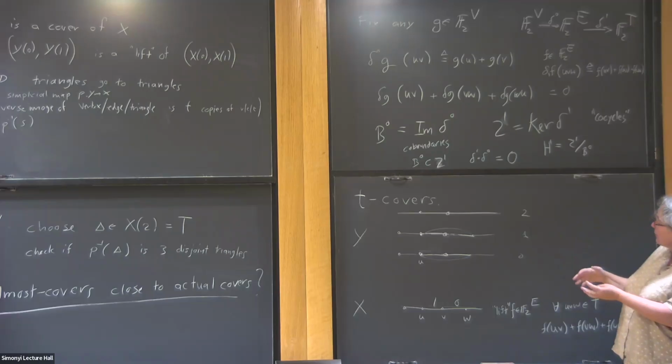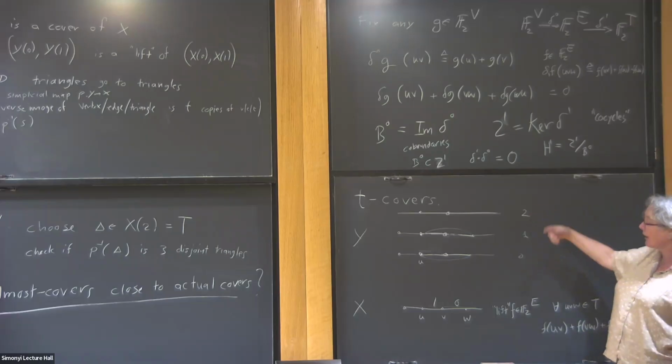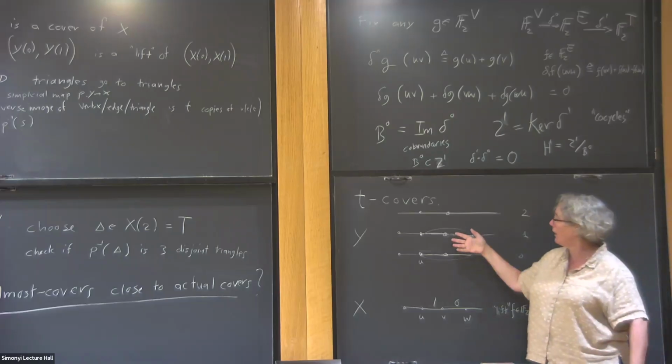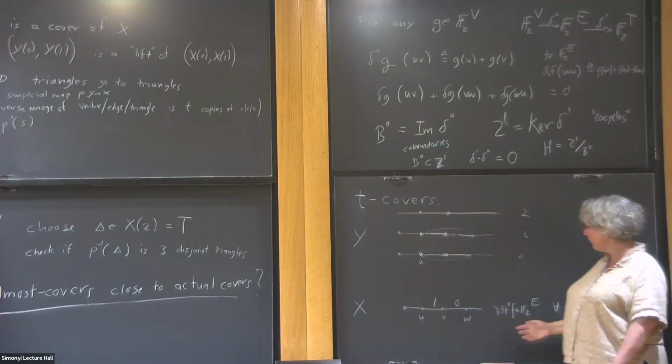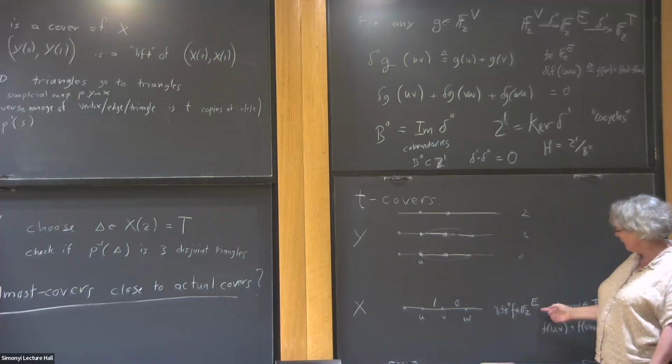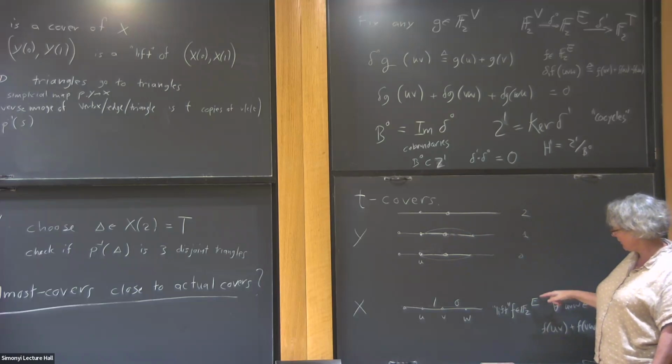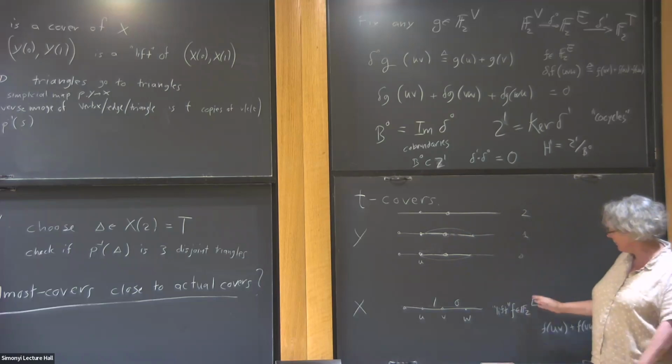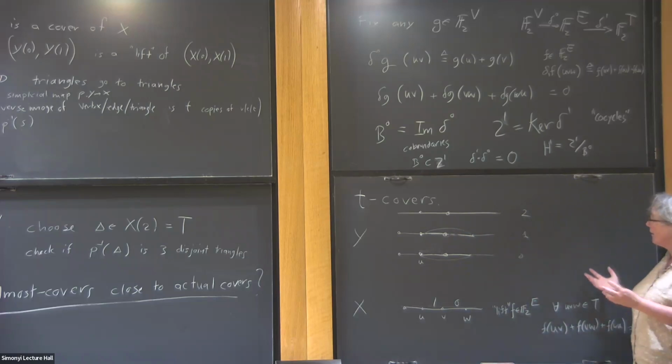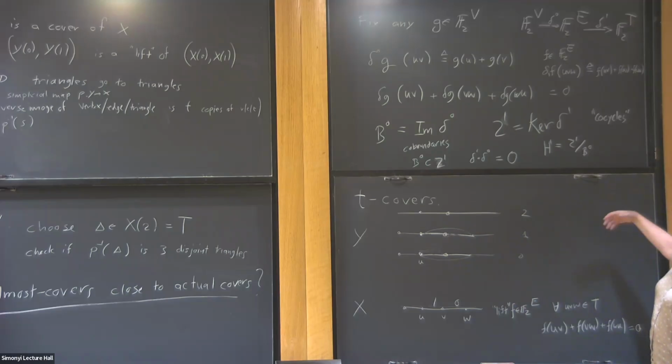Or maybe there's a more restricted group that acts on 3 elements, like the cyclic group, and maybe you're only going to allow me matchings from that group. That's also valid. So you're going to ask me for a function that tells me for every edge some element in some group. So that's more general, a change with respect to group coefficients. And almost always when people think about cohomology, they think of the coefficients as being from an abelian group. But we can actually, in this case, think of any general group.